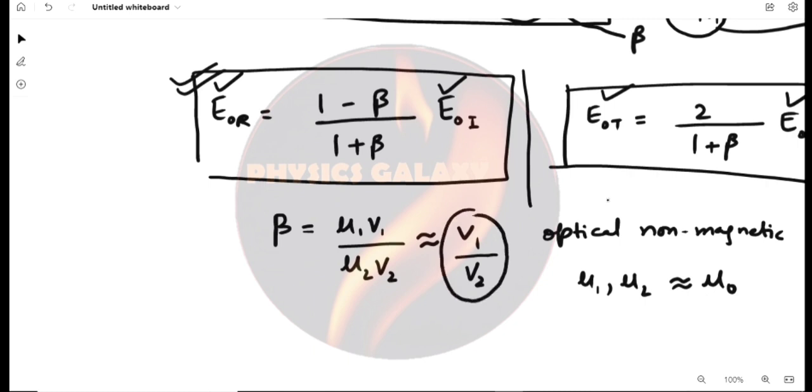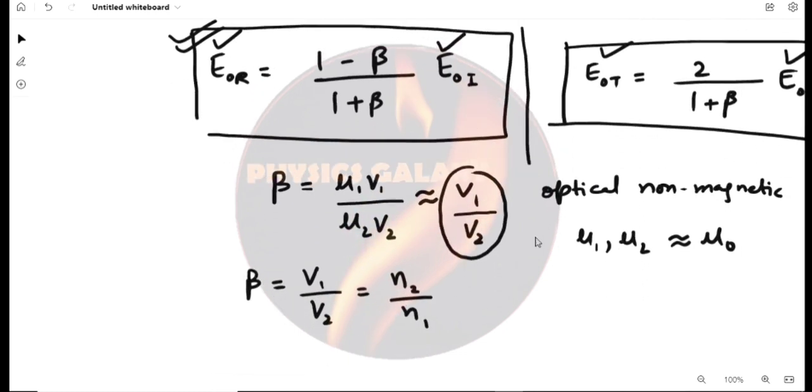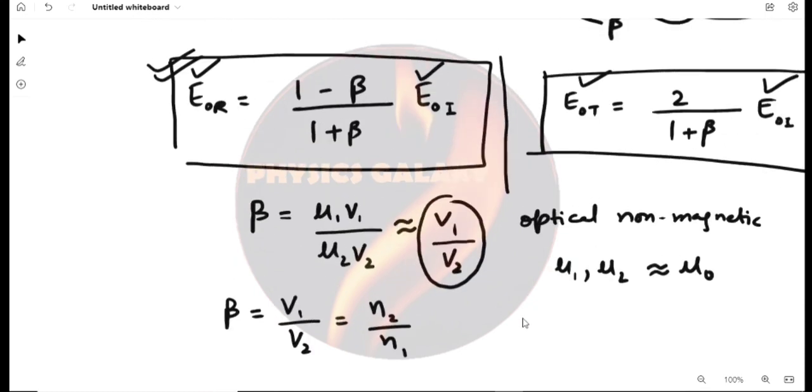So beta can be written as v1 by v2, and in terms of refractive index I will write it as n2 by n1, because refractive index is inversely proportional to the velocities. So now what do I have to find?